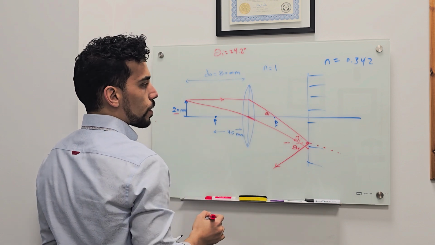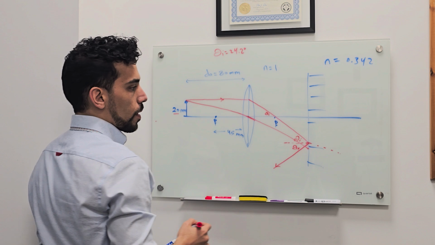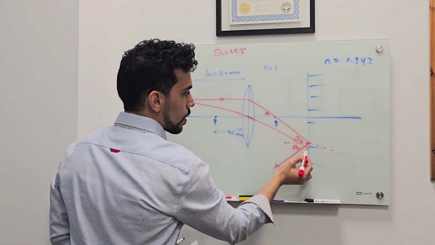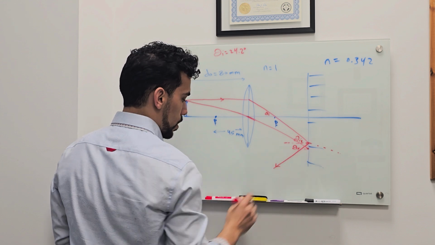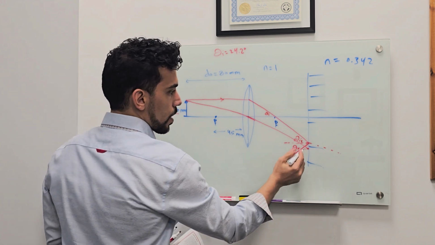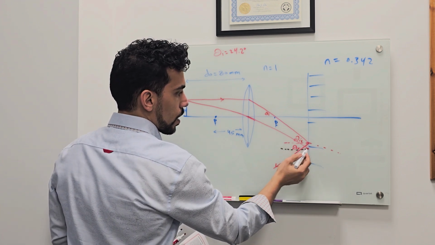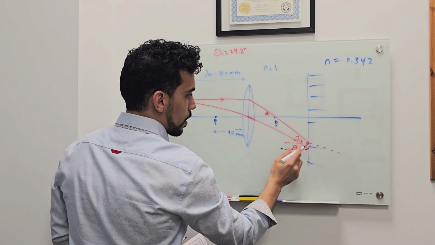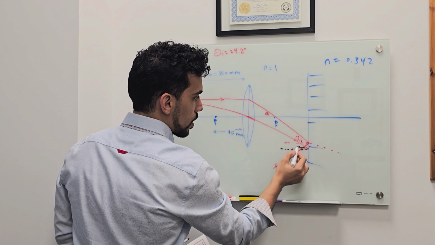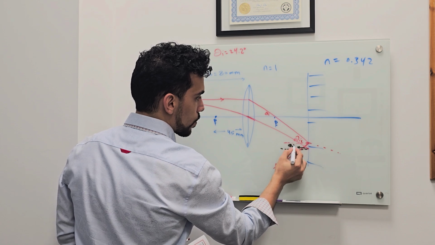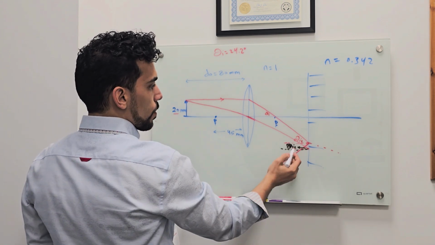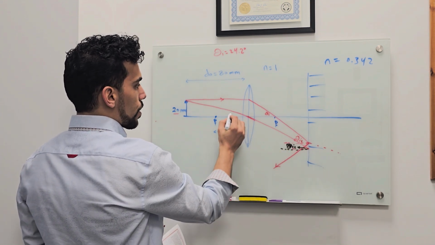From here, we need to know exactly how much theta incident is in this case. So let's say this is theta incident 1. We need to see how much this theta is with this new material. So the angle here is going to be theta incident 2. To get theta incident 2, this theta is equal to this theta.